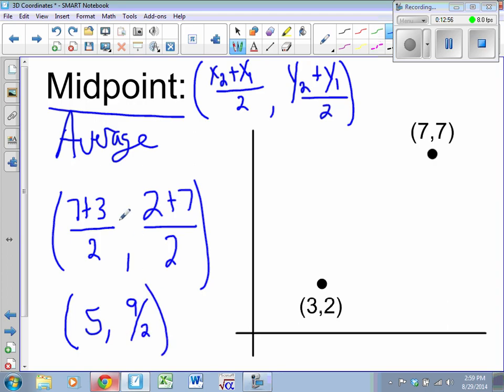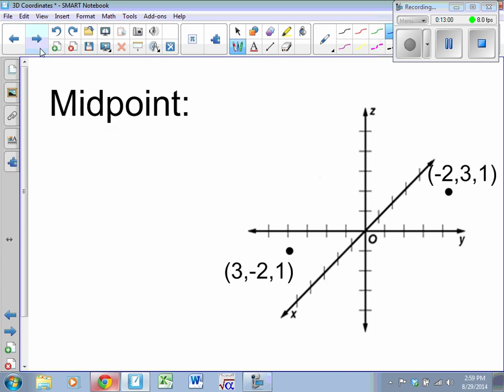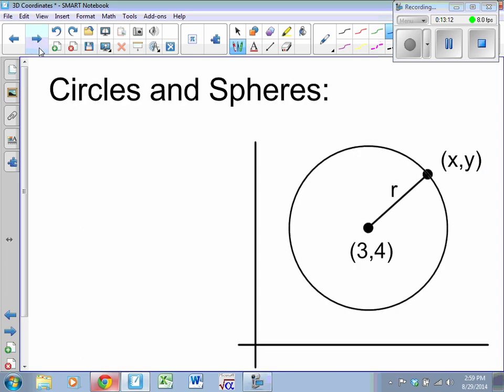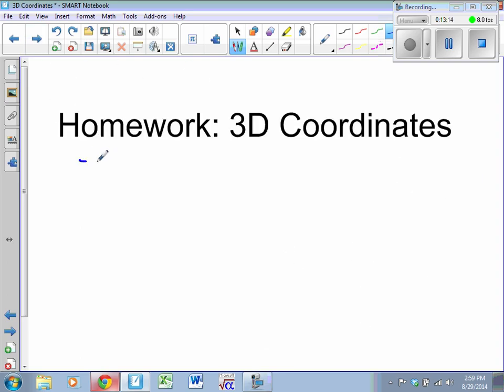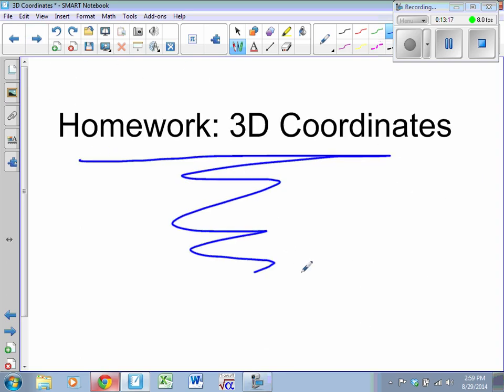So when you see midpoint, think average. And then the same thing happens when we get to 3 dimensions. You add them up and divide by 2. You average the x's and you get your answer. You average the y's and you get your answer. You are now ready to do the homework for 3-dimensional coordinates.